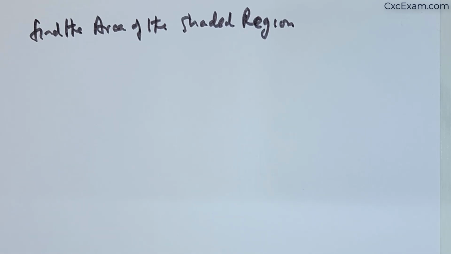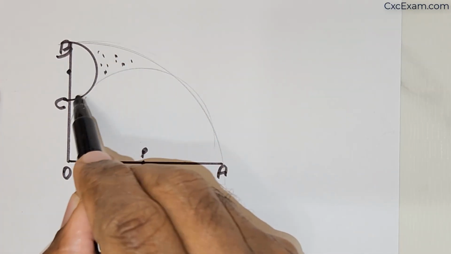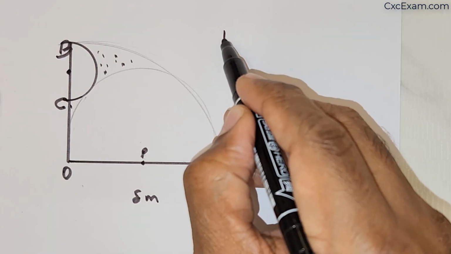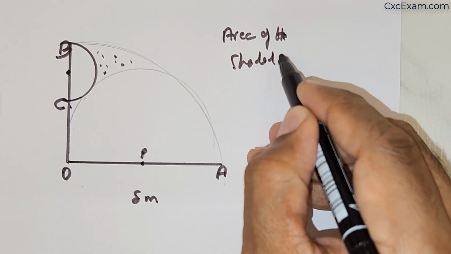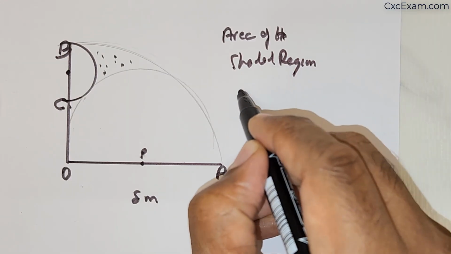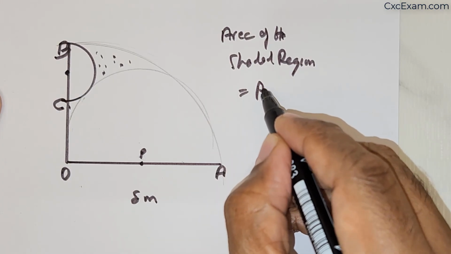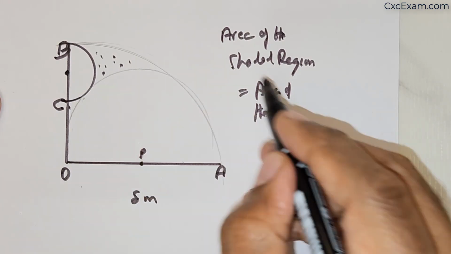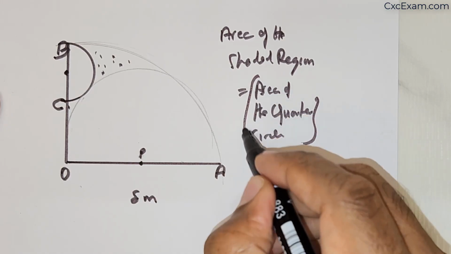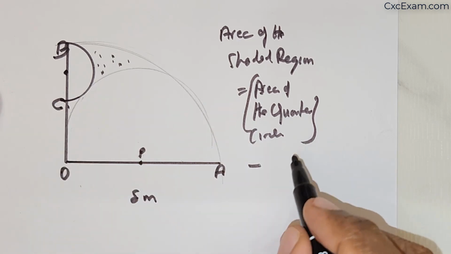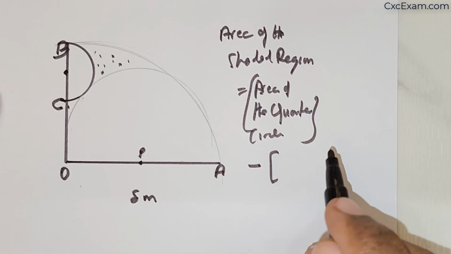Let me draw the figure. So we are expected to find the area of the shaded region. Now the area of the shaded region will be the area of the quarter circle, from which I will subtract the area of the two semicircles, right?